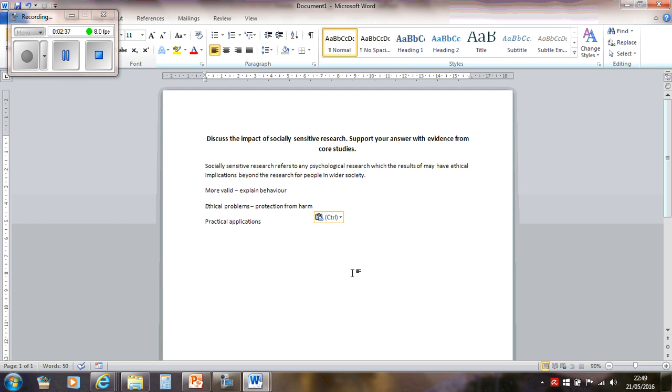what else could it be? Maybe ethical problems, protection from harm, things like labelling. We could actually contrast that, and you could bring in determinism, and that goes with practical applications, free use, practical applications. What else could be social sensitive research?